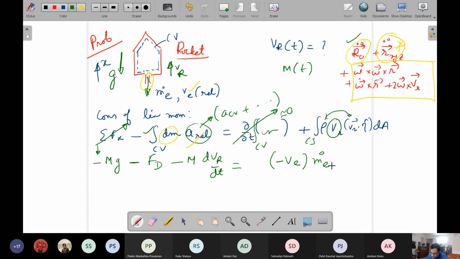So this is the differential equation that talks about the motion of the rocket. Now, out of these, if you neglect the effect of the drag, this you may neglect as possibly compared to mg.